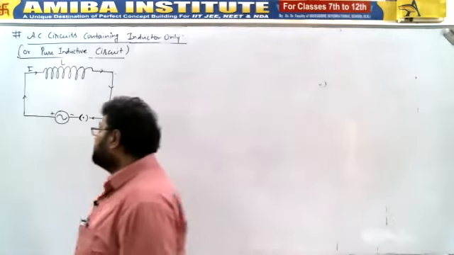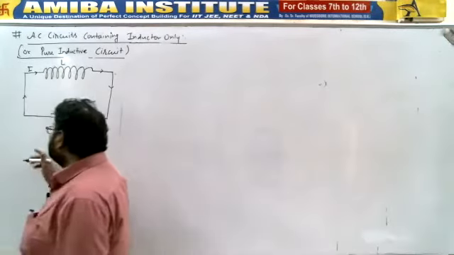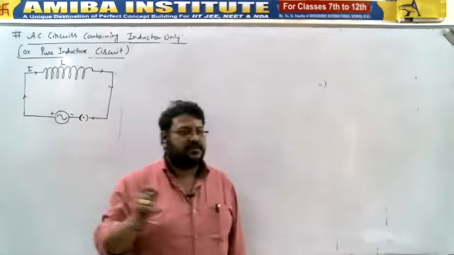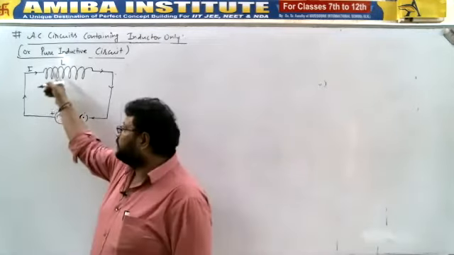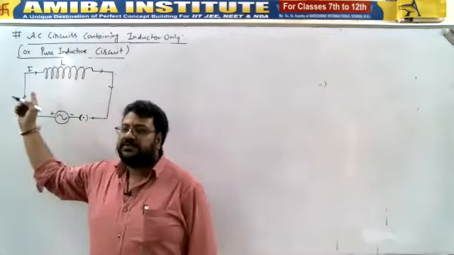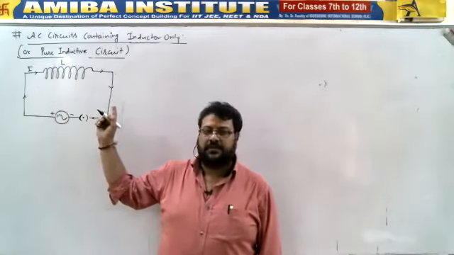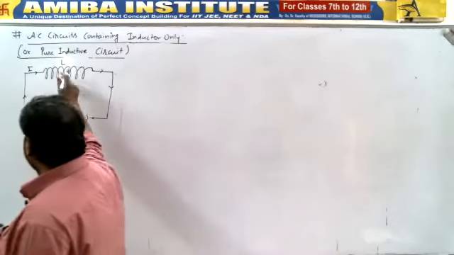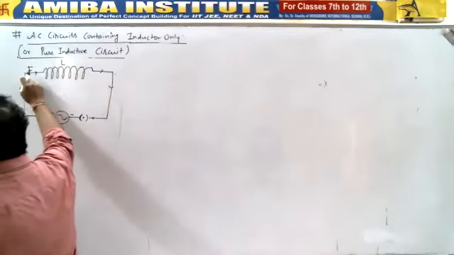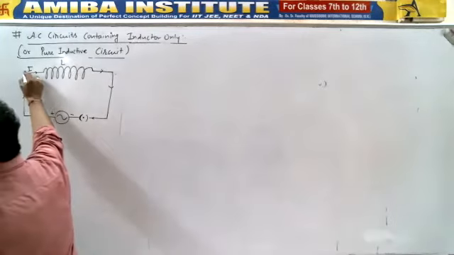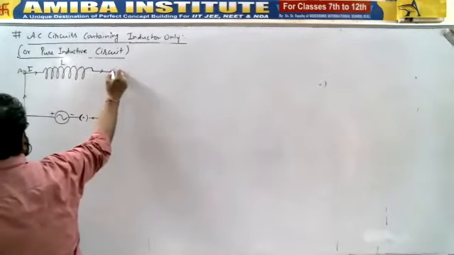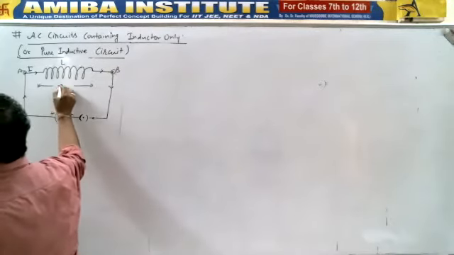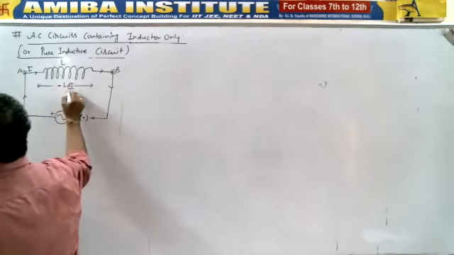So almost negligible resistance. Let's suppose we have connected an alternating EMF source across it. We know that whenever some current flows through it, some EMF will be generated, which will try to oppose the flow of current, right? And if L is the inductance and I is the current, then the EMF generated across the terminals is minus L di by dt.